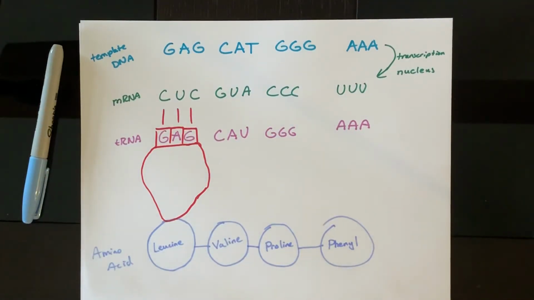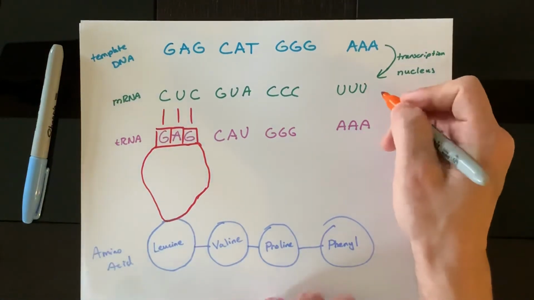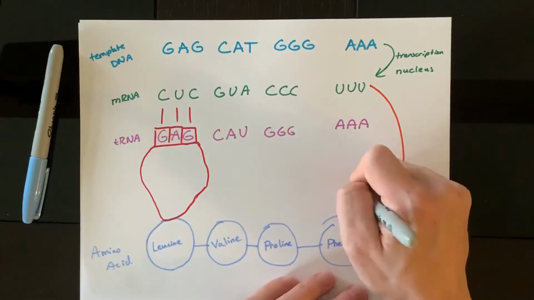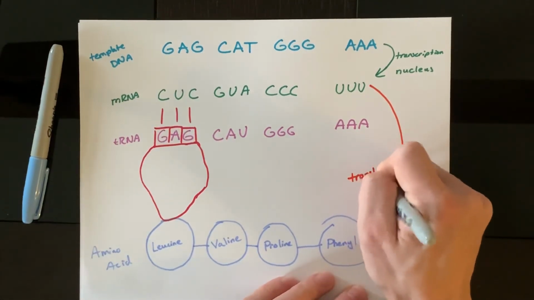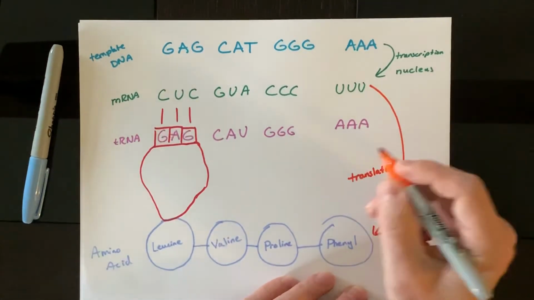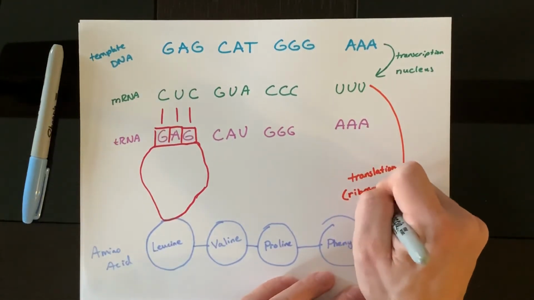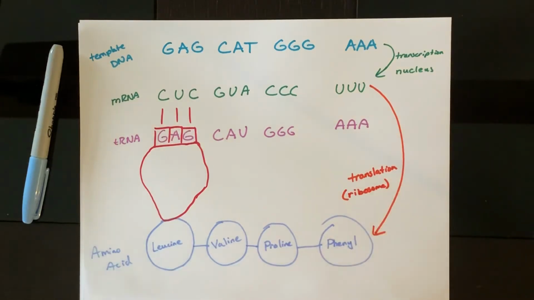Those amino acids will be bound together. That in the end will make up our protein. The process of going from our RNA to that amino acid, that is called translation, and it happens in the cytoplasm, specifically on our ribosome. Okay, the ribosomes could be the ones on the rough ER.